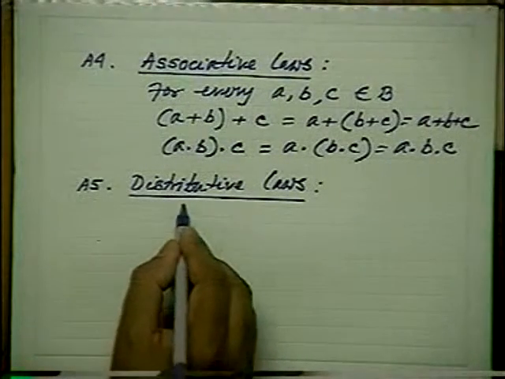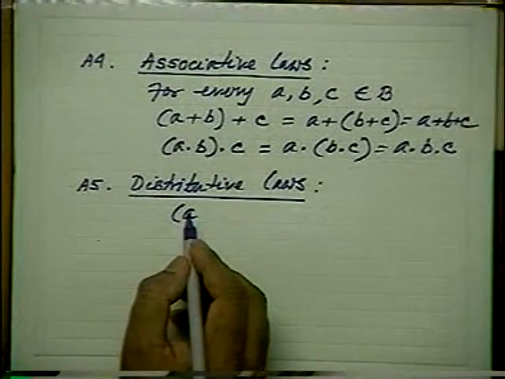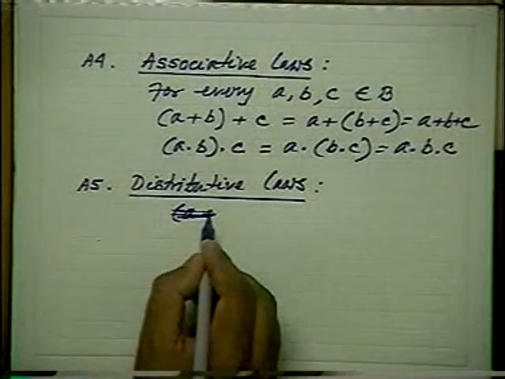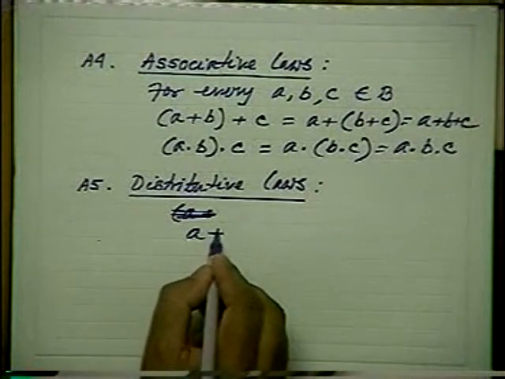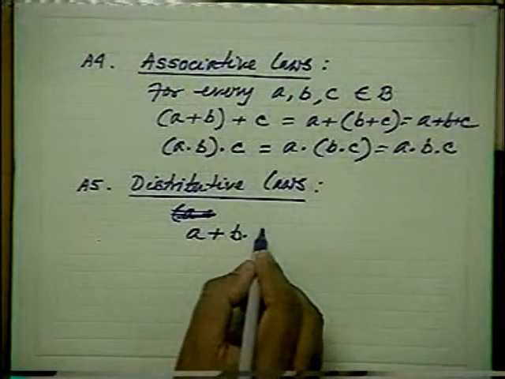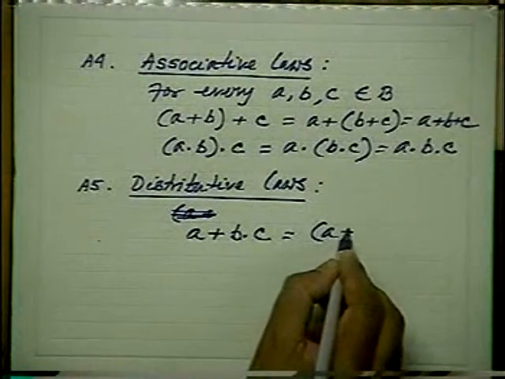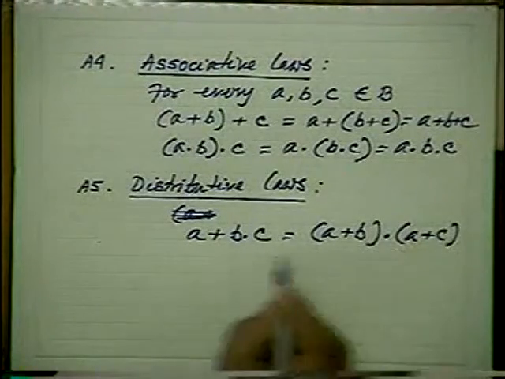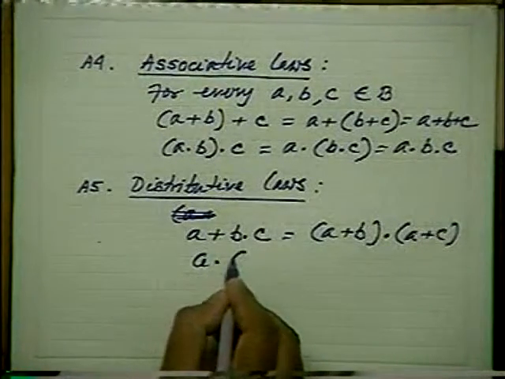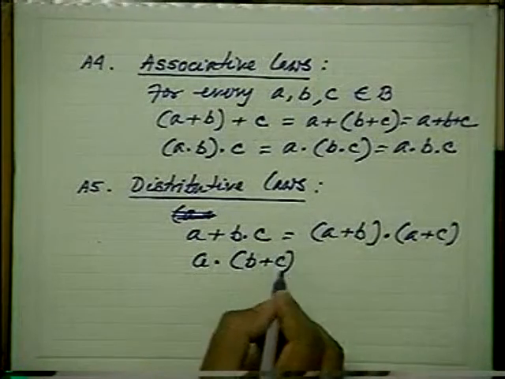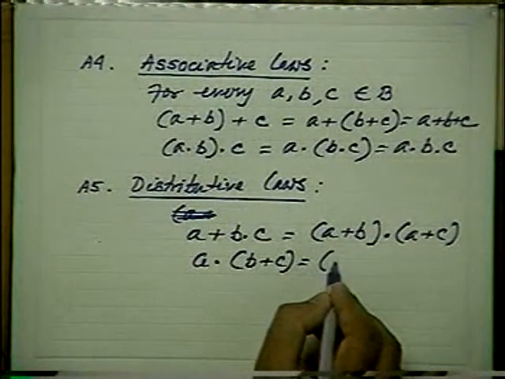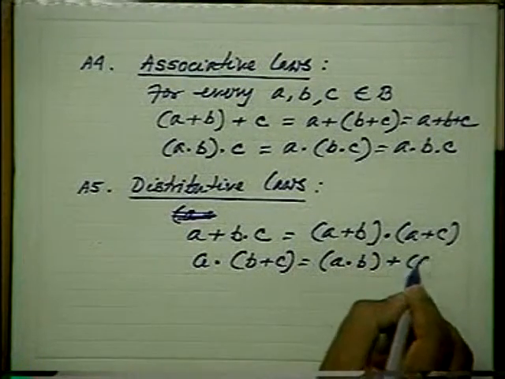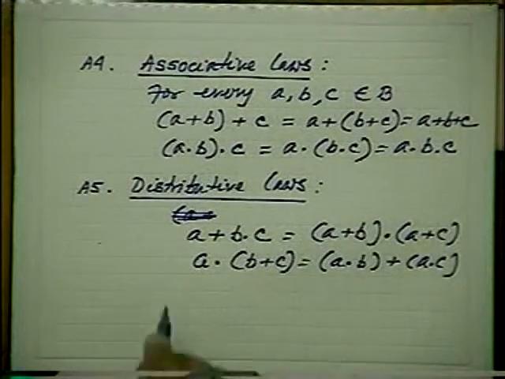This says that A plus B dot C is equal to A plus B dot A plus C, and A dot B plus C is equal to A dot B plus A dot C. This is a distributive law.